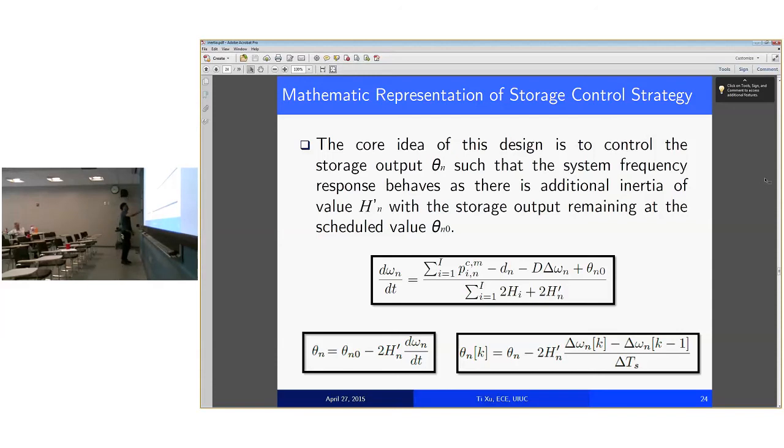If this is the output, for example, the storage output is 0 at the beginning, I want to control the output of the storage like this, and it's equivalent. And this is what's provided by the storage. I want to say it's equivalent to the storage output remaining 0, but there's some additional inertia here. In a mathematical way, these two are equivalent in making the system frequency behave in the same way.